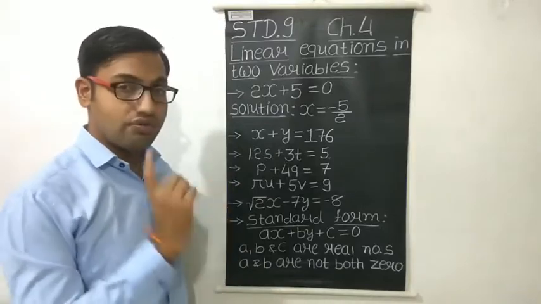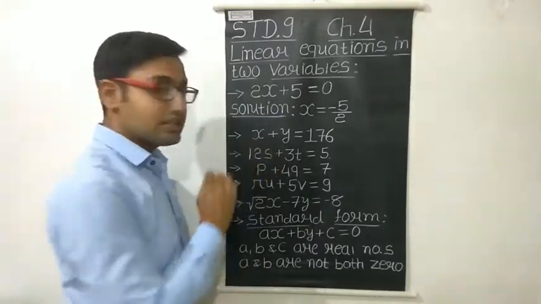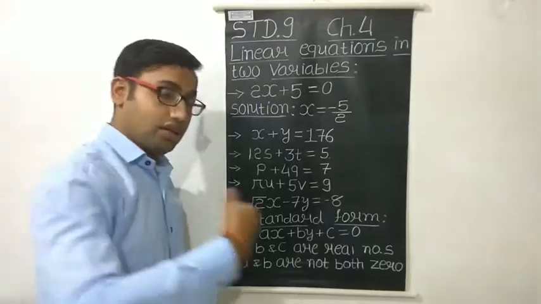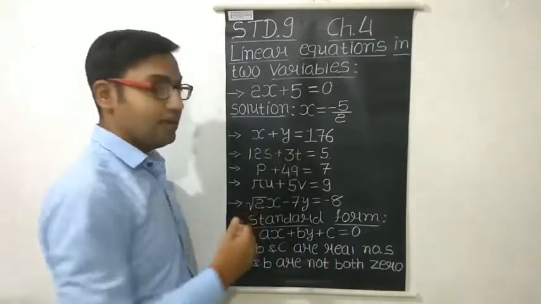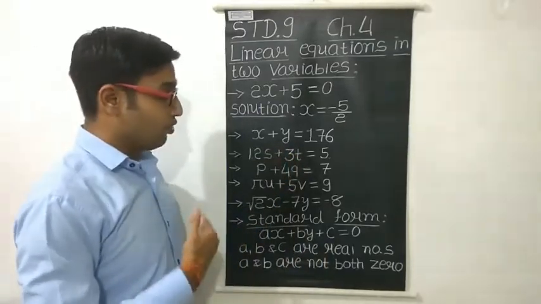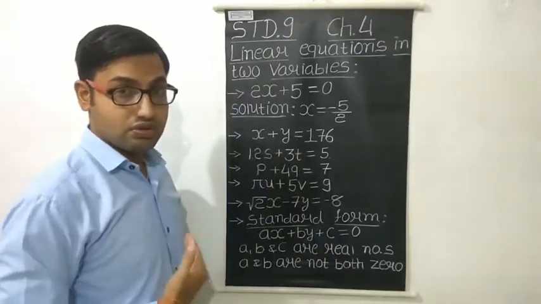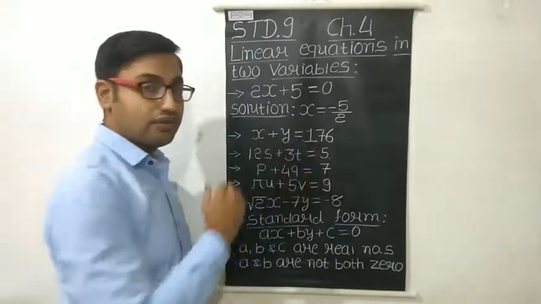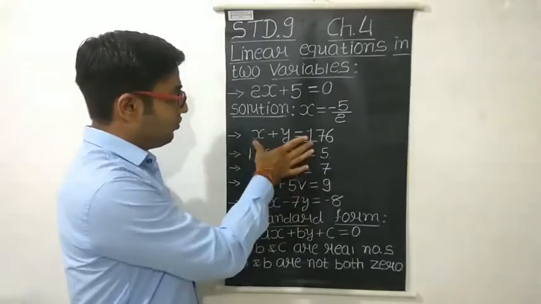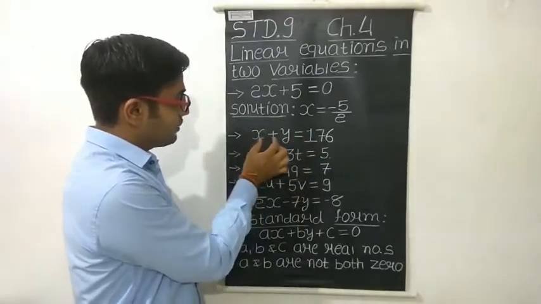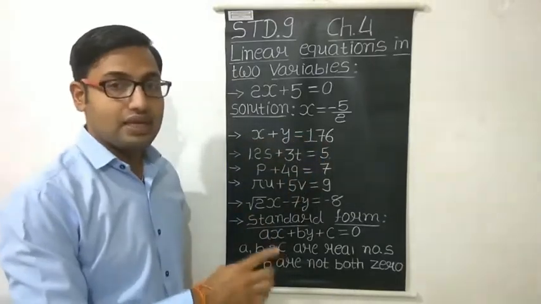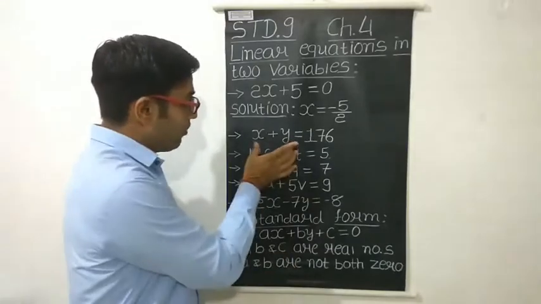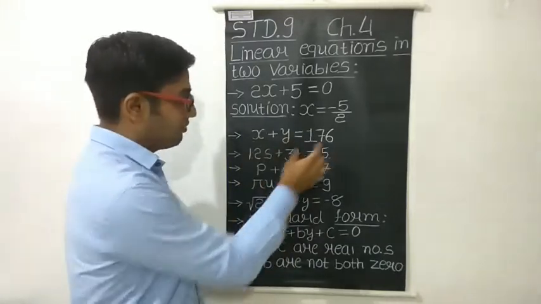So let us suppose one batsman scored x runs and another batsman scored y runs. We don't know the particular scores, but we know the total. So we can write this like this: x plus y is equal to 176, because we know the total of both the batsmen's score, that is 176.